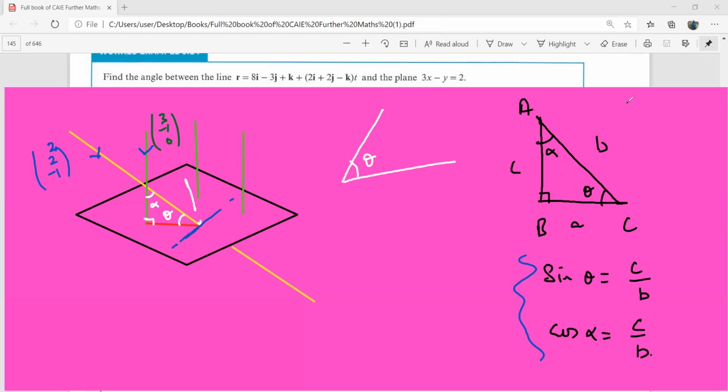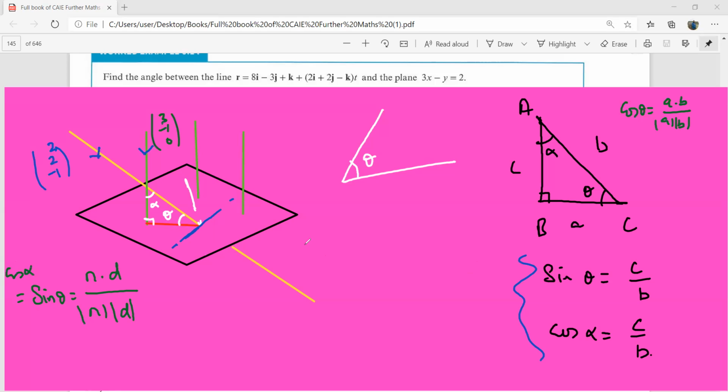Normally we have the formula that cos theta is A dot B over the magnitude of A times the magnitude of B. But here I'll be writing that sine theta is N dot D, where D is the direction vector of the line, over the magnitude of N times the magnitude of D. Is that clear, guys? You must be convinced why I'm using sine theta: sine theta is basically cos alpha, and I have given you the reason over here.